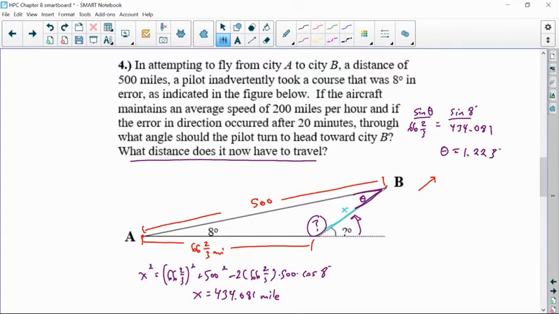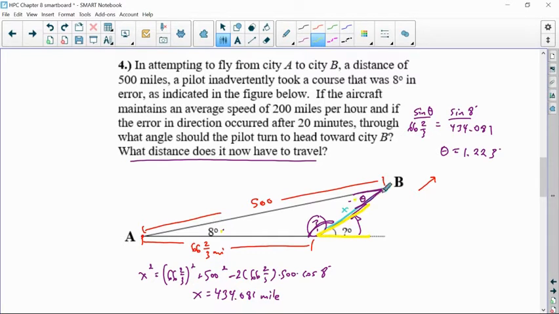Which means that I could figure out what this angle is and do 180 minus the 8 and minus this theta. And actually, if you remember your honors geometry days, the exterior angle theorem says that this exterior angle here would equal the sum of the two remote interiors.